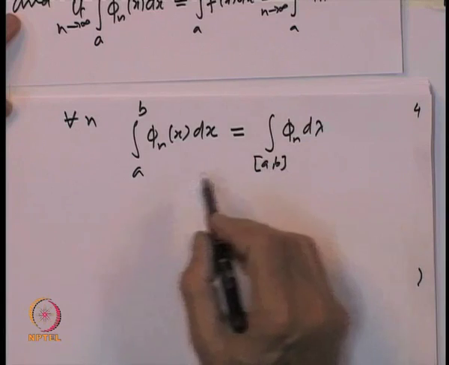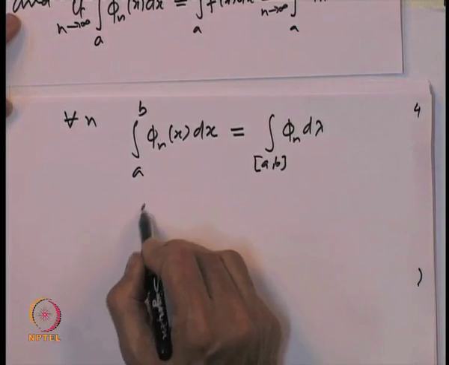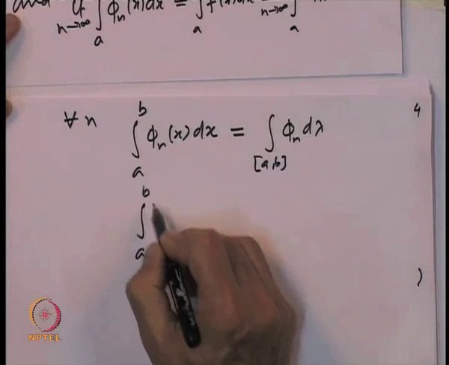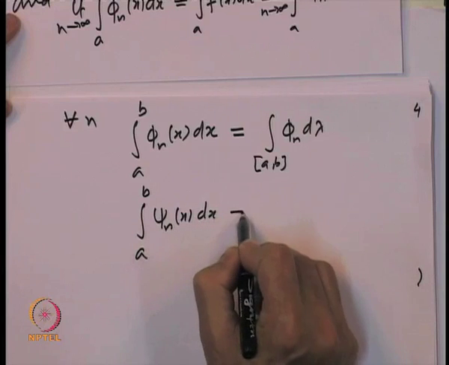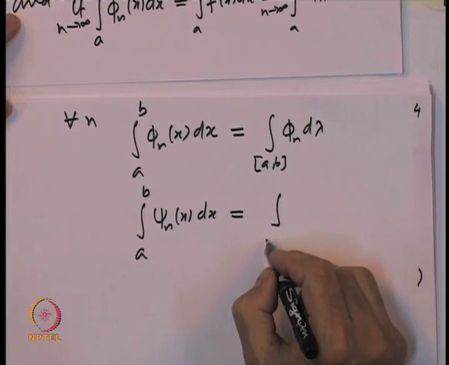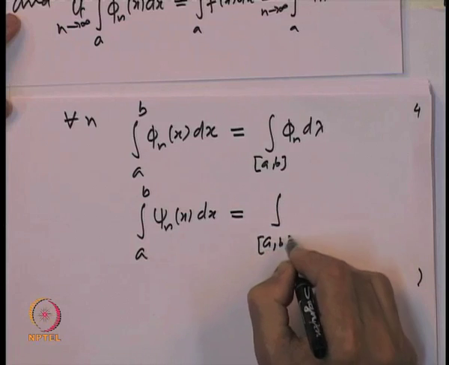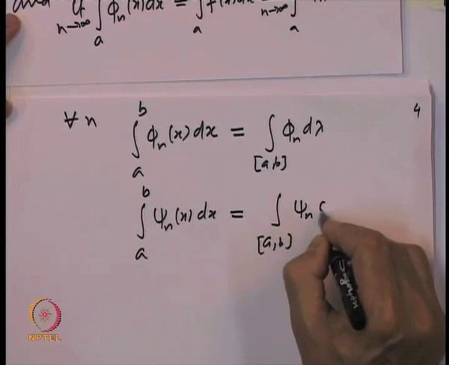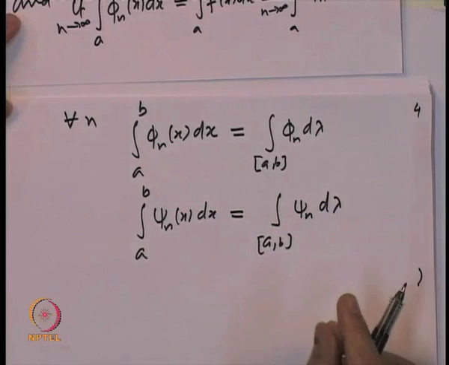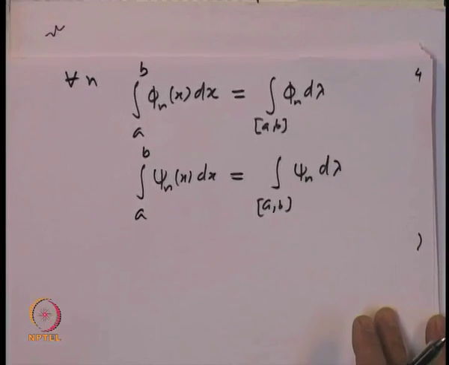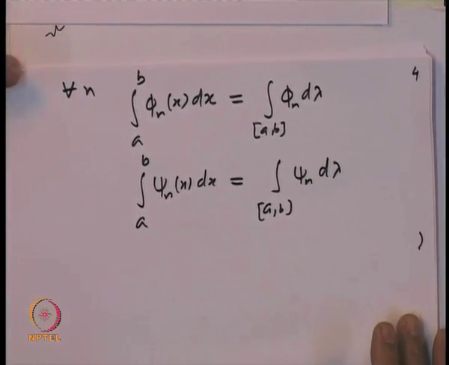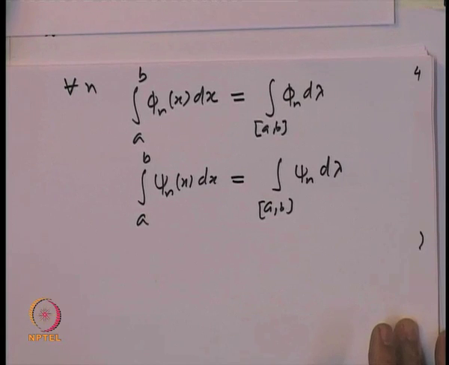So, it is the same as the Riemann integral, and similarly the Riemann integral from a to b of psi n x dx is equal to the integral over a b of psi n d lambda. This observation is going to play an important role for us.